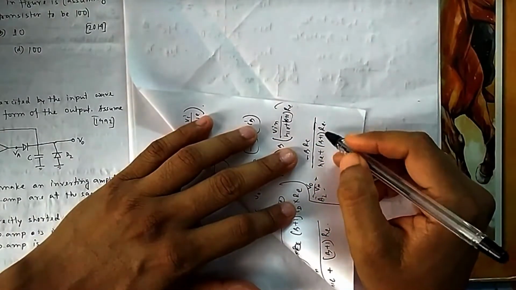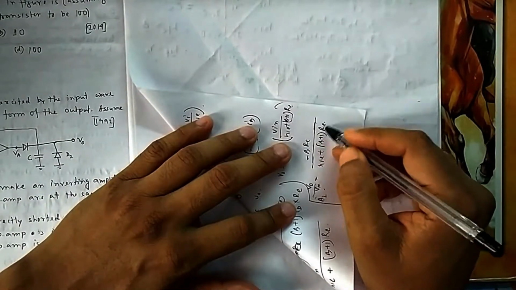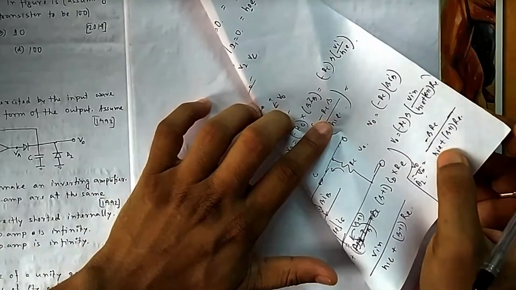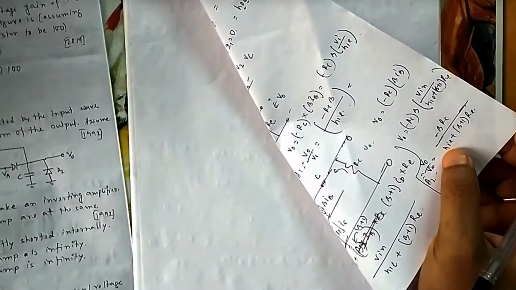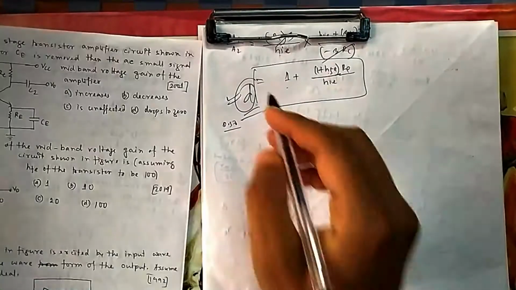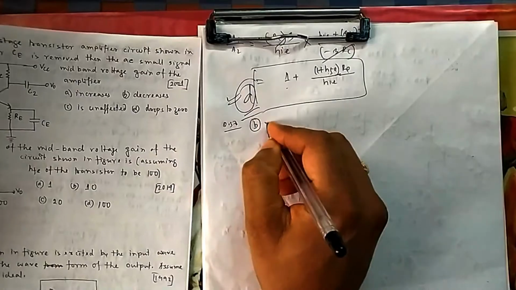That means the gain decreases, because the denominator increases as this is introduced now. Here it was not there. So if you don't bypass it, that is, if the resistance is still there and you are not using the capacitor, then your gain is decreasing. So that's why this is option B, that is, decreases.